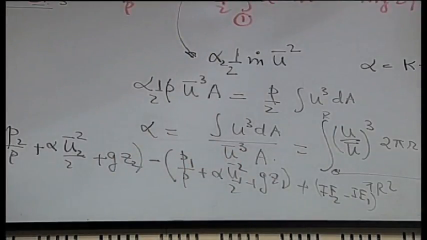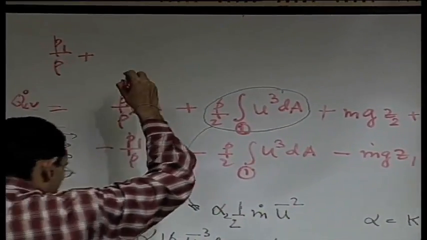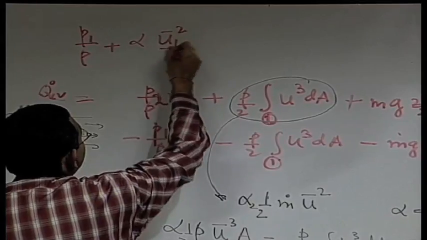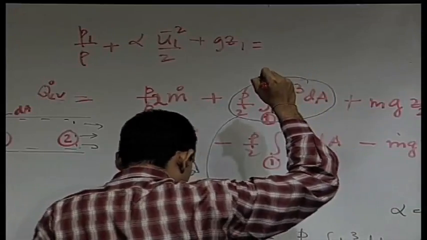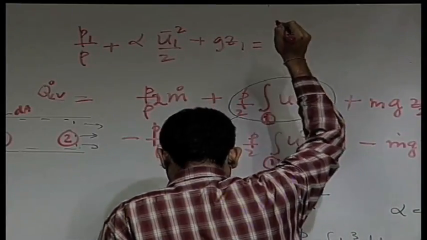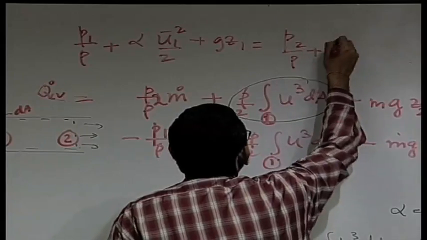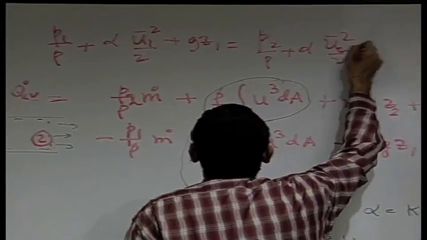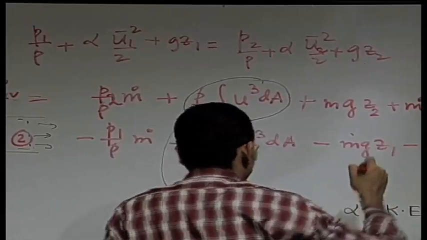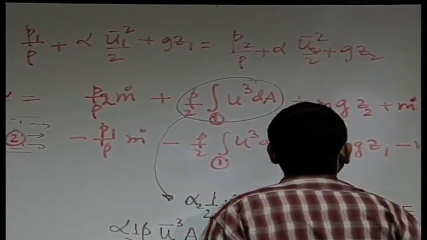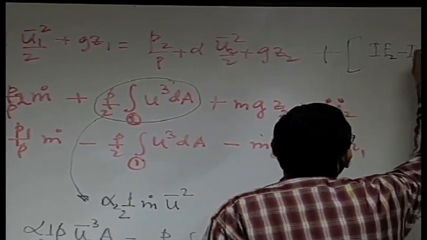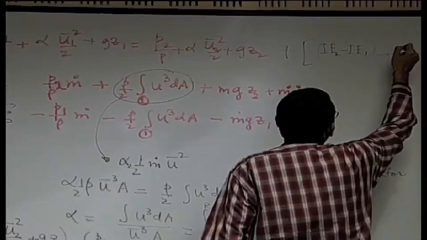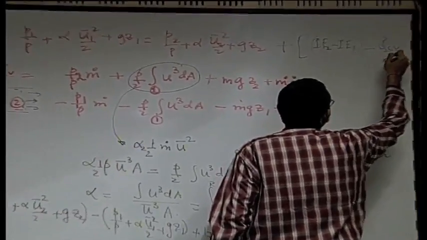So, we may just rearrange it a little bit to write that you have P1 by rho plus alpha U1 square by 2 plus g z1 is equal to P2 by rho plus alpha U2 square by 2 plus g z2 plus internal energy 2 minus internal energy 1 minus this one, right.